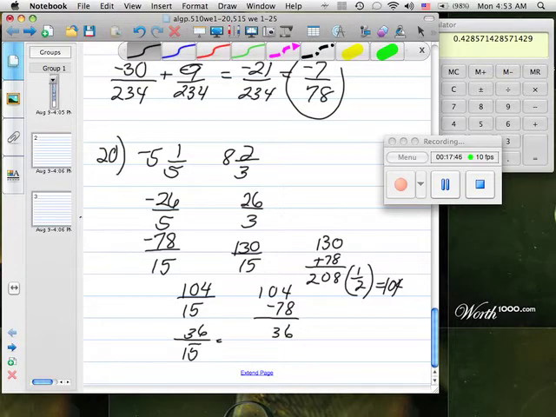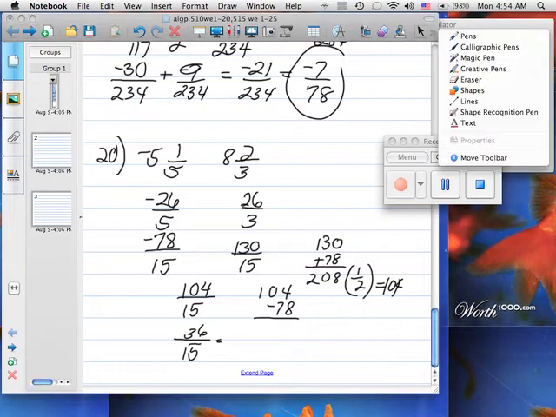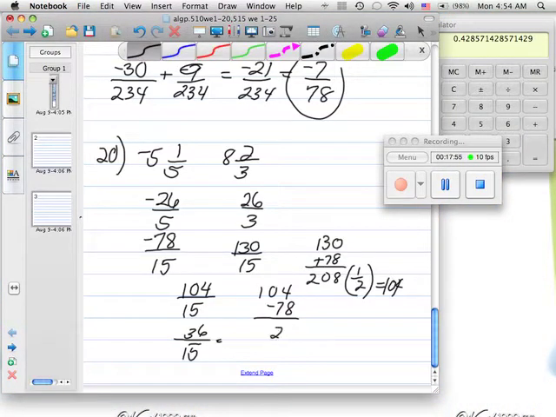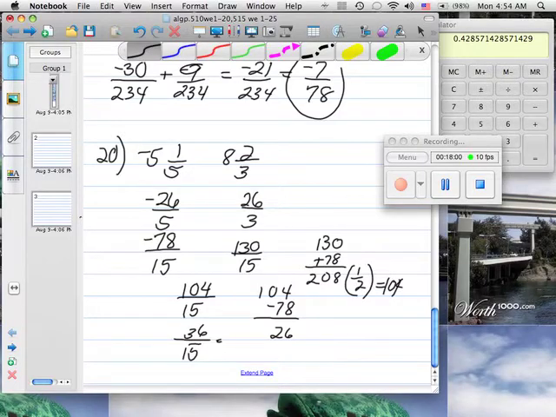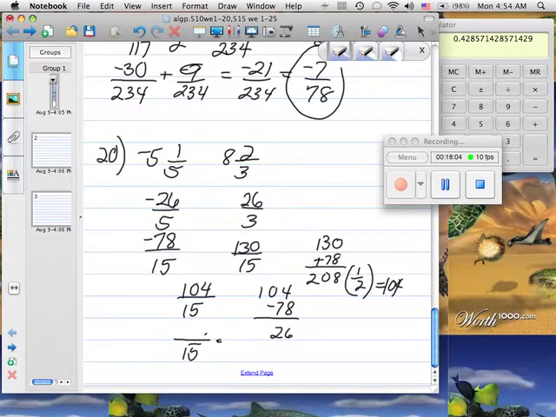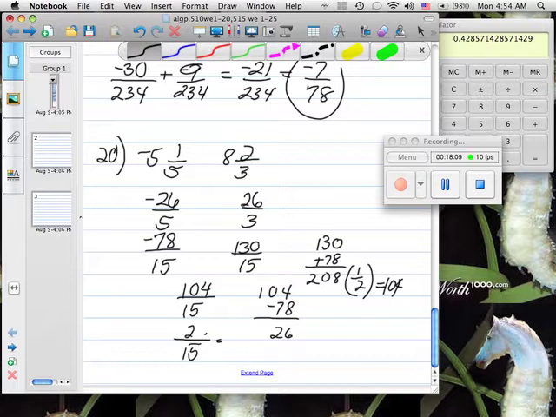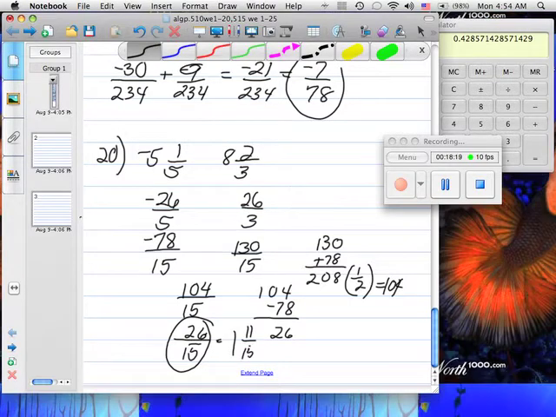Hang on a second. And this would be 26. And if we add 26/15ths, we get 26/15ths, which is 1 and 11/15ths is the exact number.